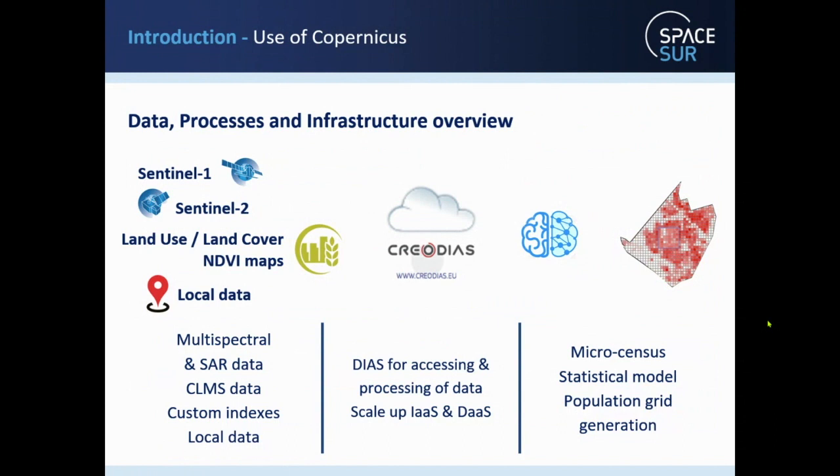We are going to use multispectral and SAR data, the land monitoring services of Copernicus data, custom indexes, and local data. We are working to introduce the processing in a DIAS for accessing and processing data. The objective is to develop and provide a microcensus and a statistical model for population grid generation.